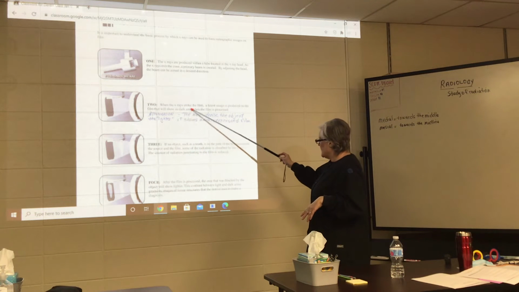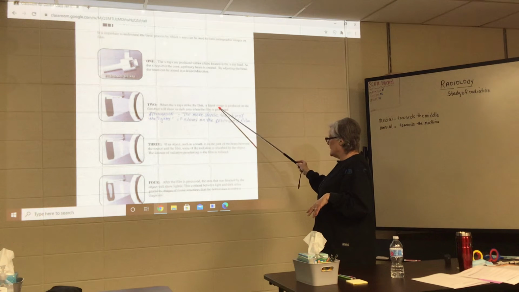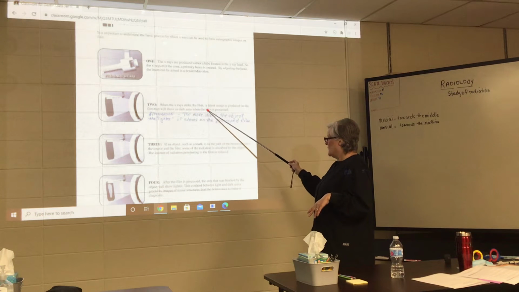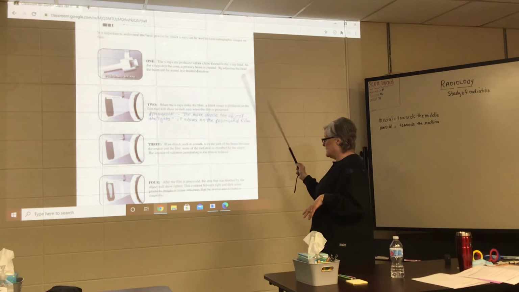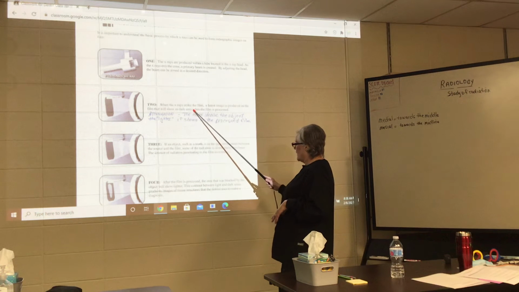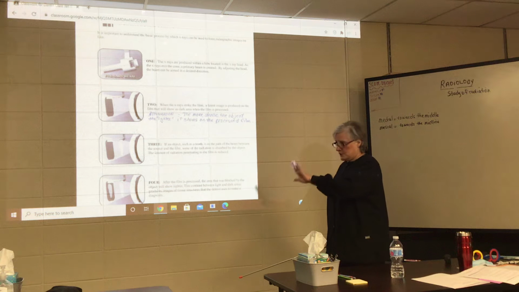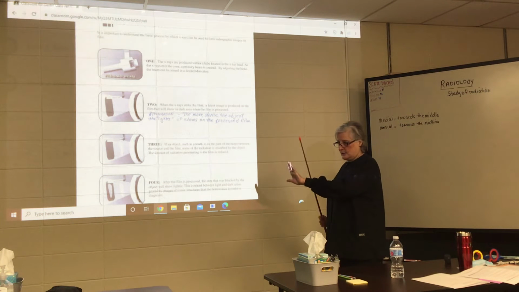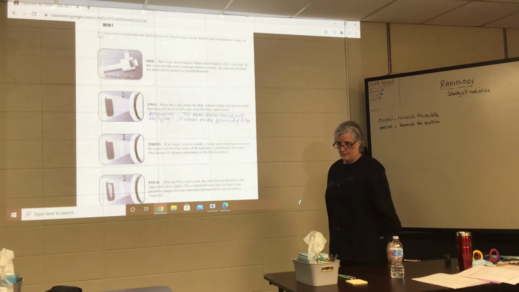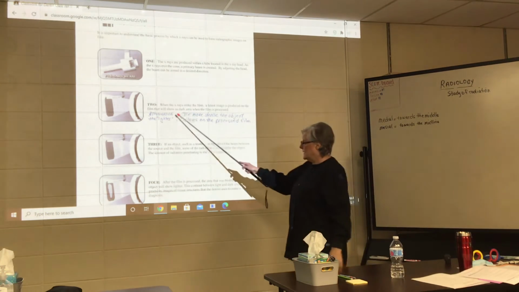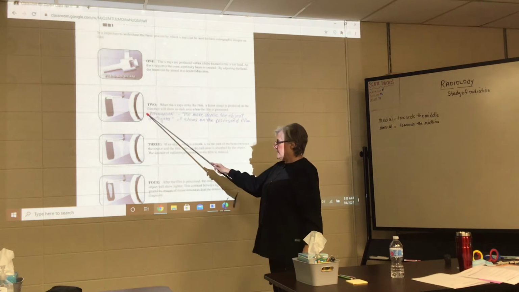When the X-rays strike a film, a latent image is produced on the film that will show a dark area when the film is processed. If there's no object between the X-ray and the film, it's going to be all dark because there's nothing in between. This is a term called attenuation.